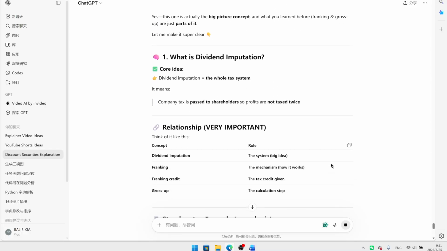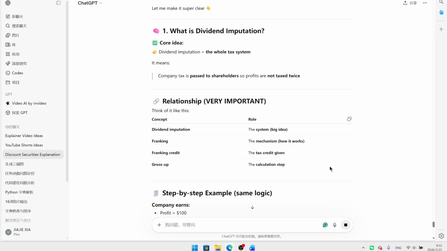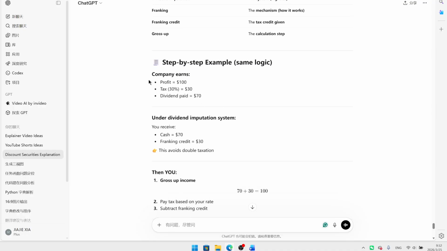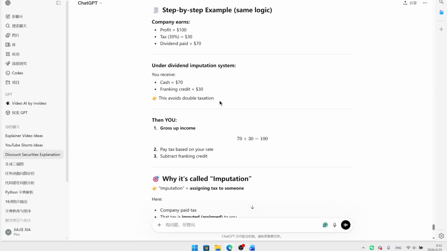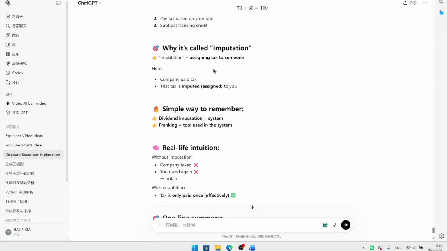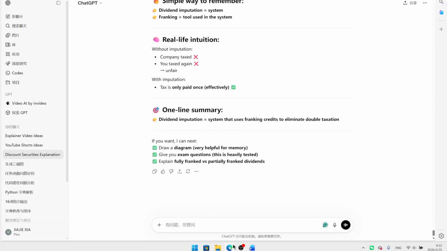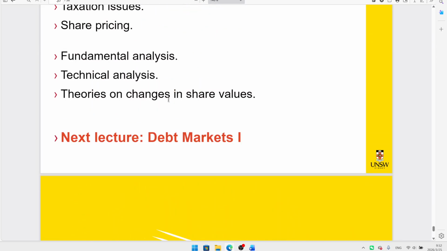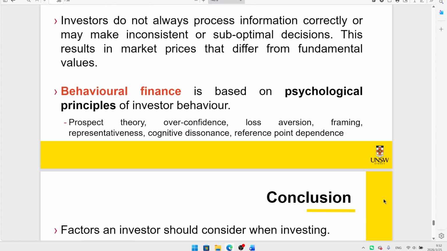What does that mean? Company tax is passed to shareholders, so profit is not taxable twice. So that's the same example. Your grossed-up income is $100. Imputation means the tax is assigned to someone. The company pays tax and the tax is imputed to you. Oh, it's a terminology expression.